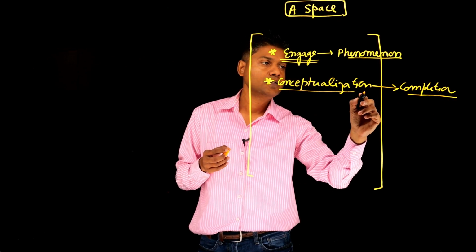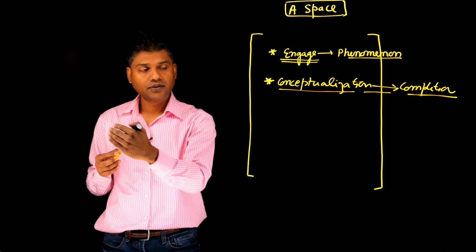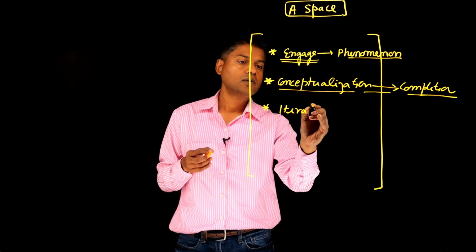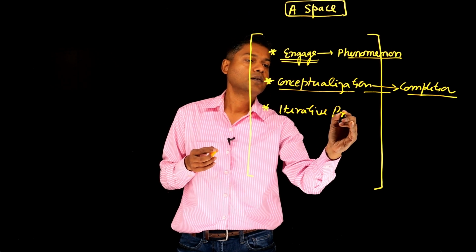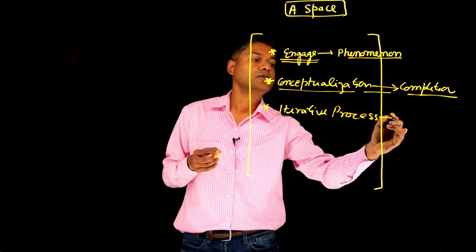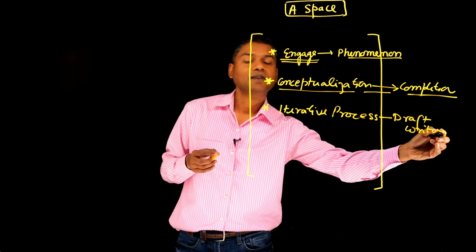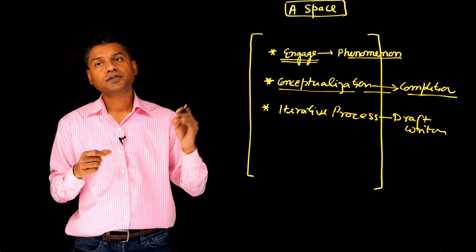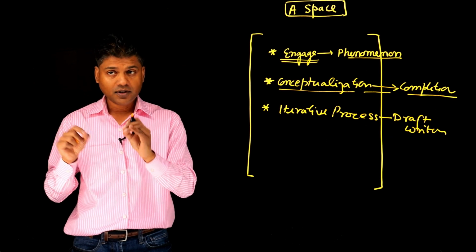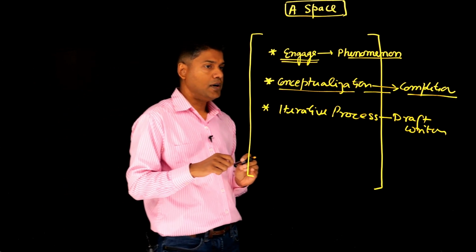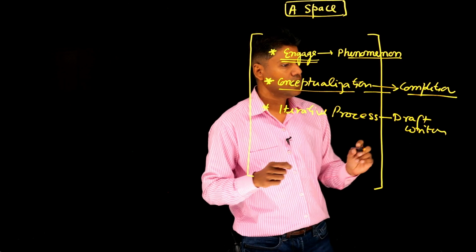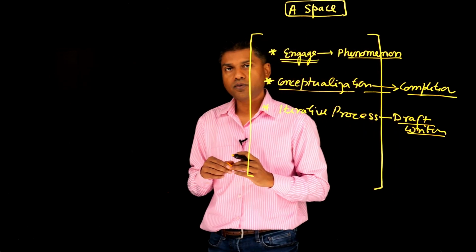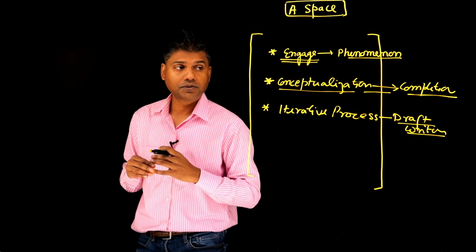Writing is done iteratively. So it's an iterative process of draft writing. You are writing multiple drafts throughout the entire research process. You are focusing on different parts of your research, but it's an iterative process, and you are writing your drafts throughout the entire process of conducting your phenomenological research.